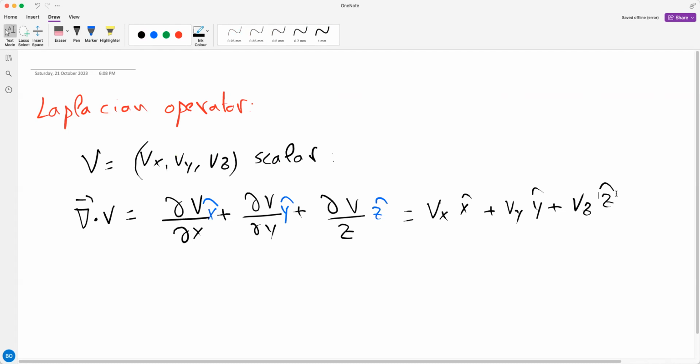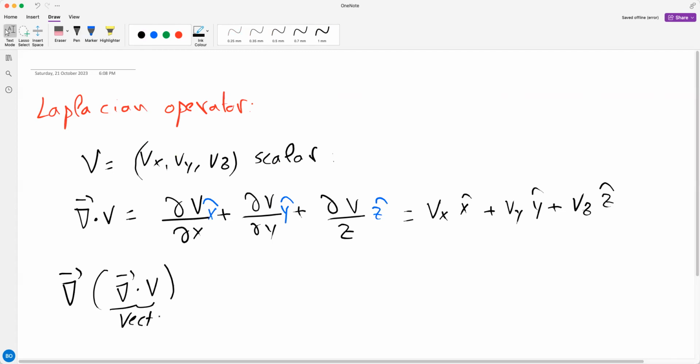Now I can also calculate the divergence of the gradient of V, because now this is a vector.